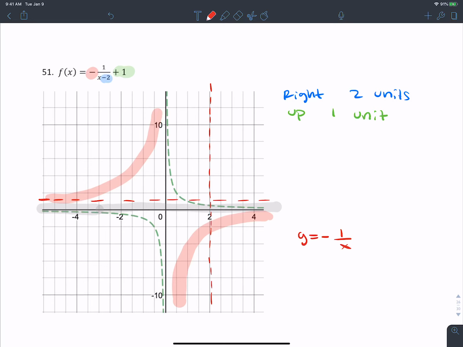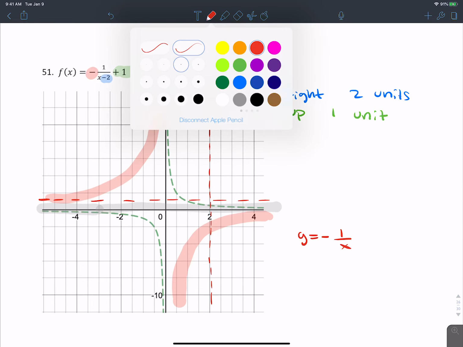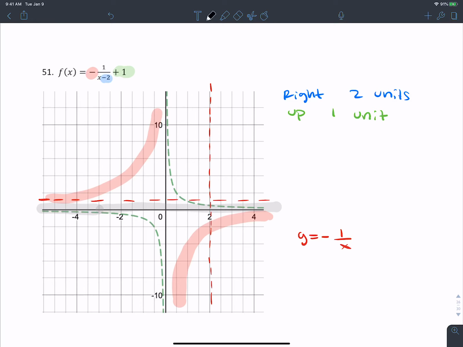So all I have to do is sketch my inverted hyperbola. It looks like this. Just be careful never to cross your new x and y axes. So here's the graph.